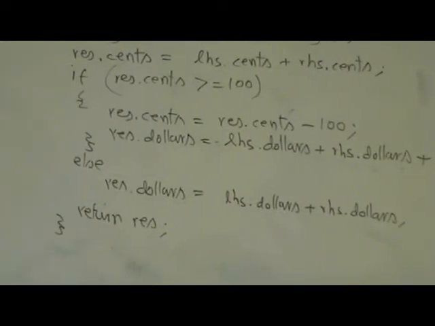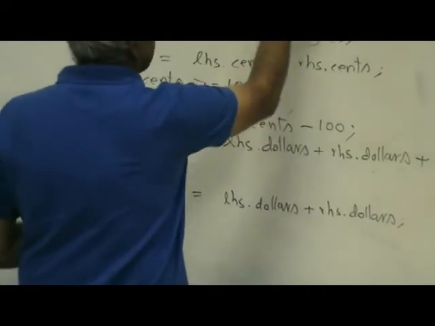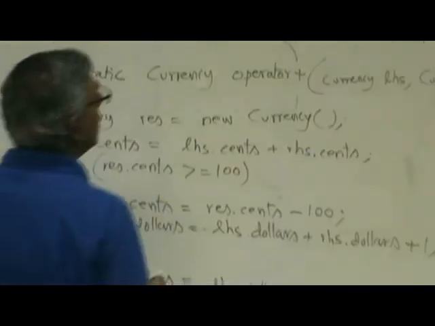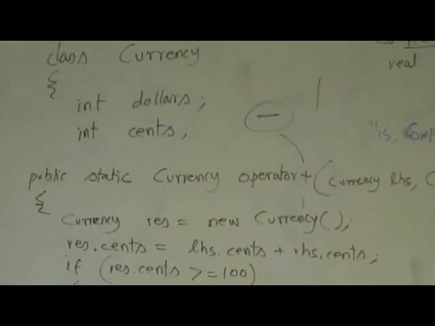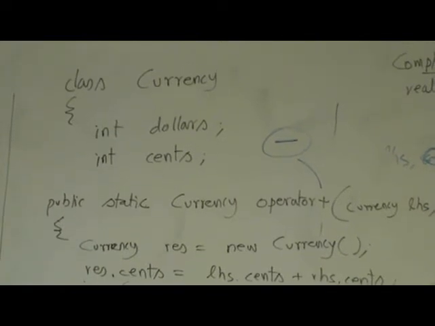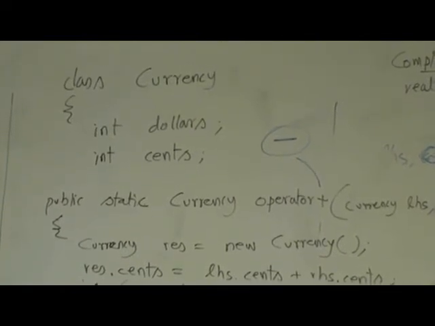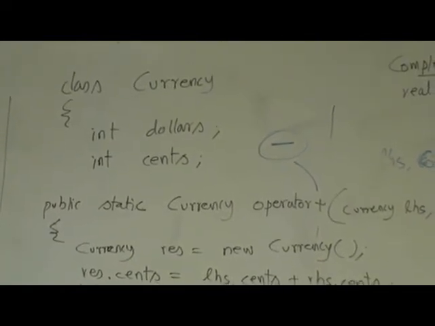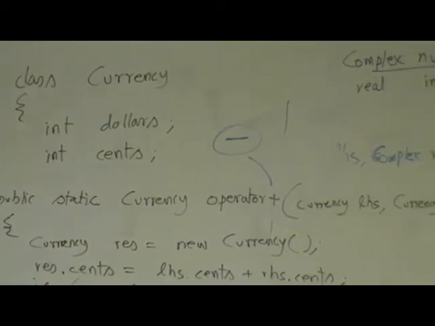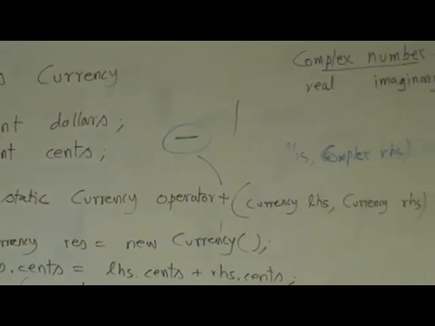So now the complication will be, what if this is a minus? So subtracting currencies is not that easy, okay? Next lecture I can give you a few more hints, but today let me give you a hint.